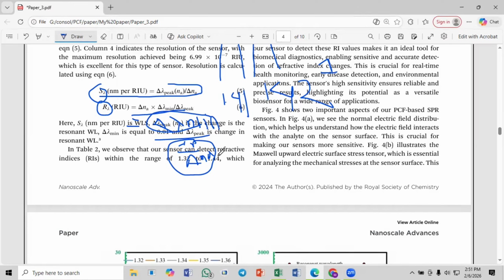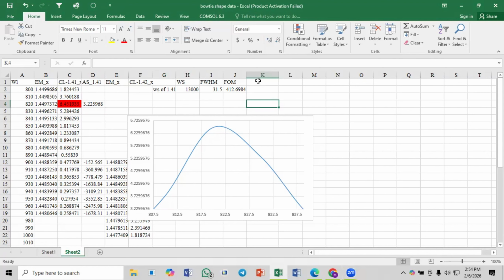In Excel, how can we calculate the resolution? We can write R is equal to 0.1 divided by the wavelength sensitivity. This gives 7.69 into 10 power minus 6.